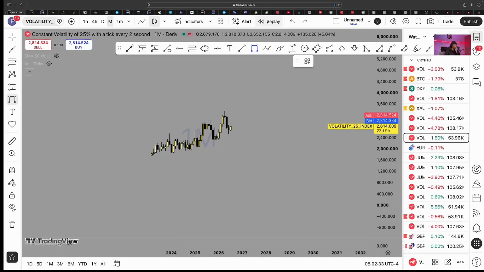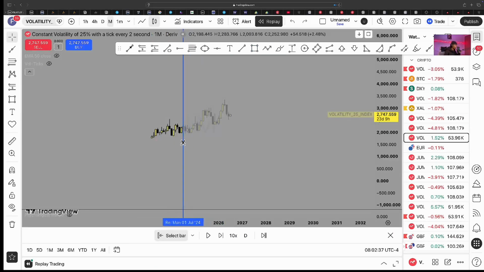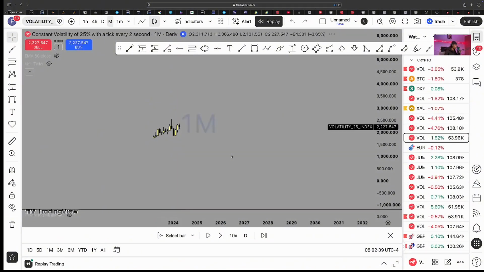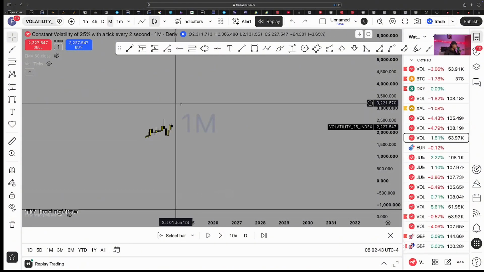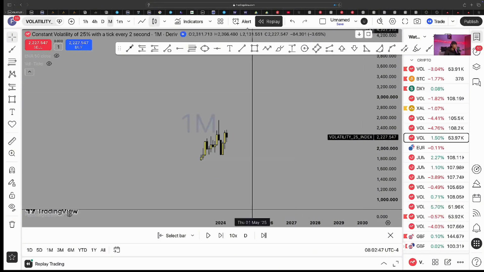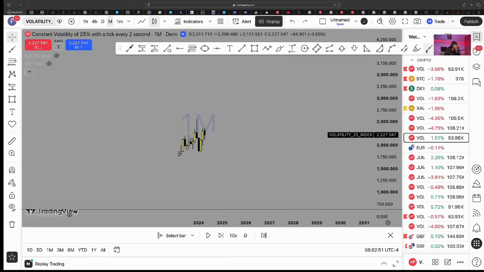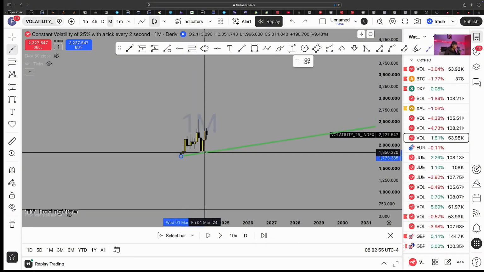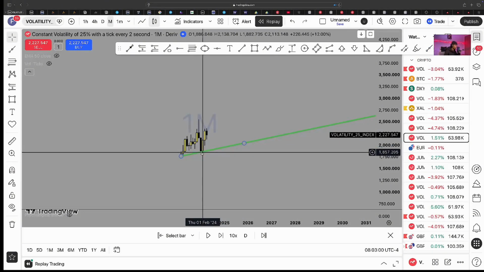So I'm gonna do a quick replay. Okay. So you guys can see this is the monthly chart. In order to have a perfect trend line, as you can see on the monthly time frame, which is our higher time frame, we have the first touch, the second touch.